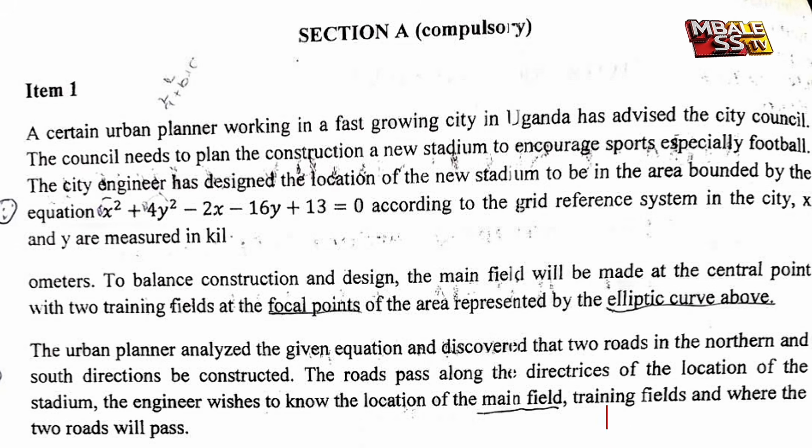The city engineer has designed the location of the new stadium to be in the area bounded by the equation x squared plus 4y squared minus 2x minus 16y plus 13 equals 0. According to the grid reference system in the city, x and y are measured in kilometers. To balance construction and design, the main field will be made at the central point with the two training fields at the focal points of the area represented by the elliptic curve.